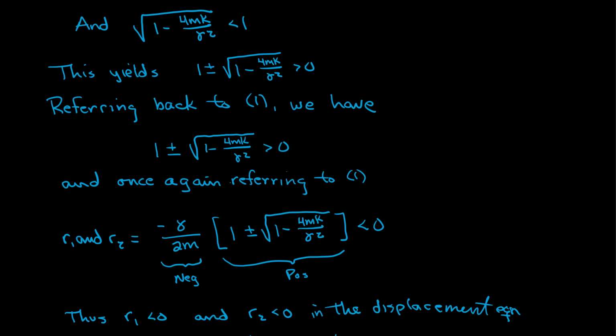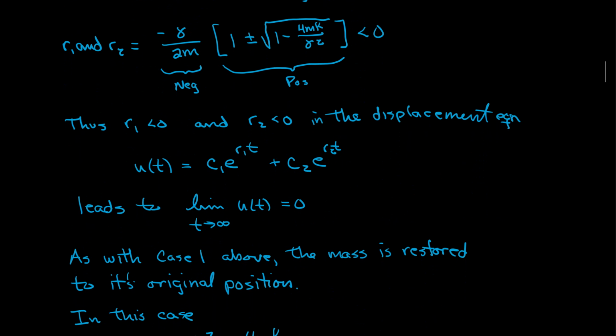Now, if I go back up to that equation where I just was, equation 1, I have the negative gamma over 2m times 1 plus or minus the square root of 1 minus the 4mk over gamma squared. Okay. I know that this is going to be a negative. Well, how do I know that?